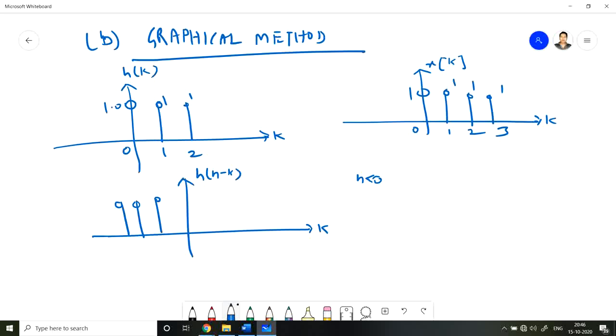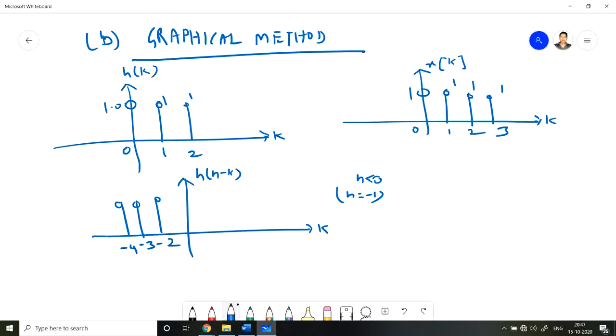So let n less than 0 mean n equals minus 1 for simplicity. So it is shifted to minus 2, then minus 3, minus 4.